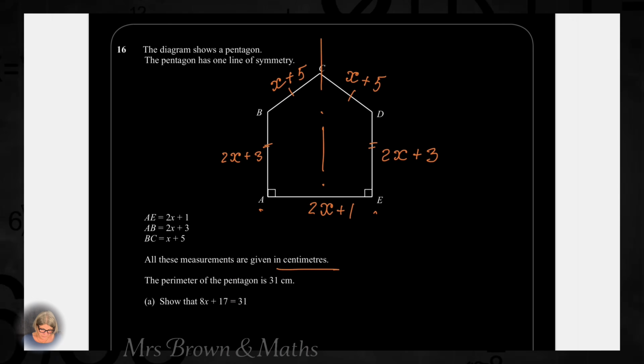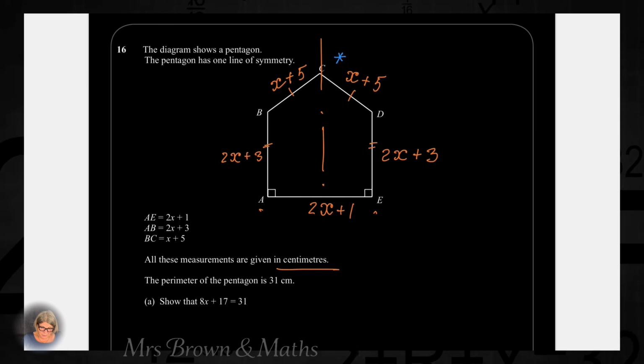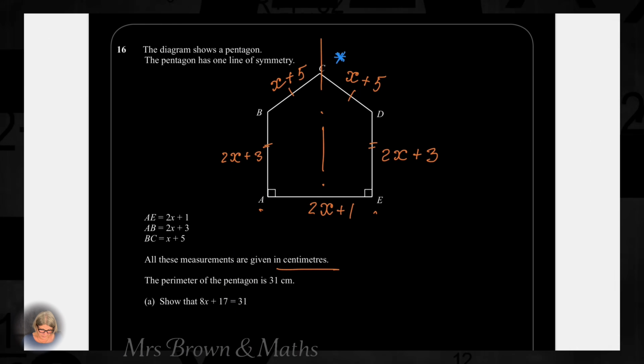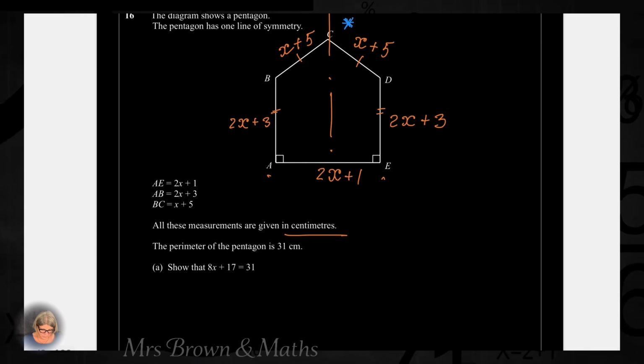The perimeter of the pentagon is 31 centimeter. Perimeter, add all sides together. Show that 8x plus 17 equals 31. Okay, I will start from this side, and because it is perimeter, I will add all these sides together. So let's have a look.